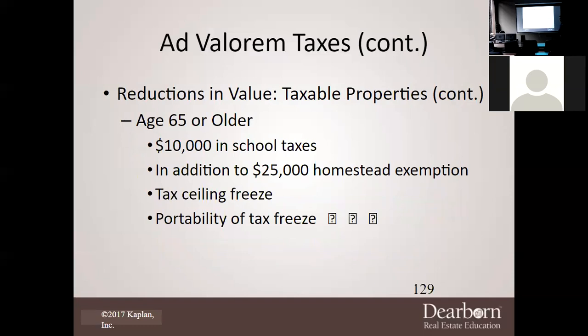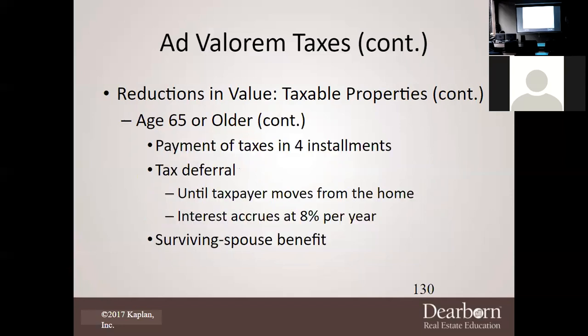You might want to go down there and file your tax exemption. There also is a tax ceiling freeze, meaning your tax rate is capped, and there is the portability of that tax freeze. So what happens is it stays on that property until basically everybody has died in that particular property. The payment of taxes is going to be in 4 installments.